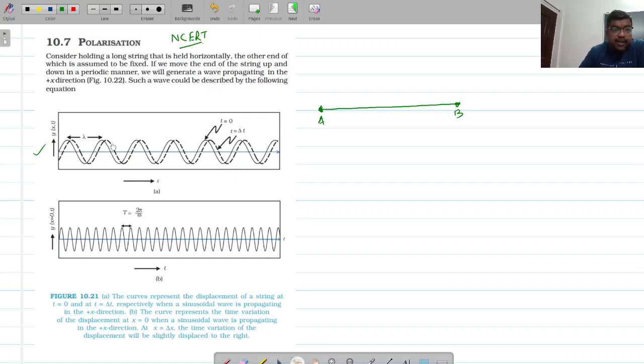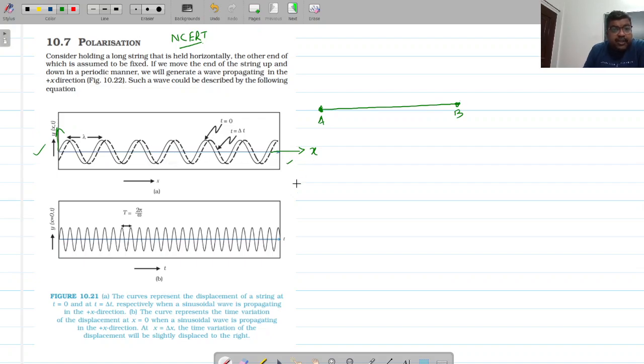Now obviously here the particles of the string are vibrating perpendicular to the direction of propagation. See, the wave is propagating along the x-axis, and the string is vibrating along the y-axis.